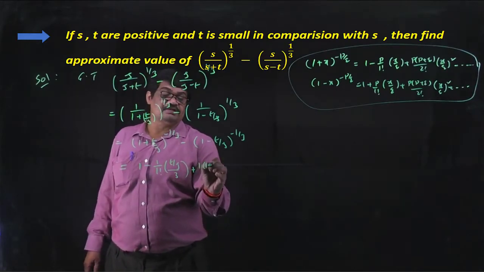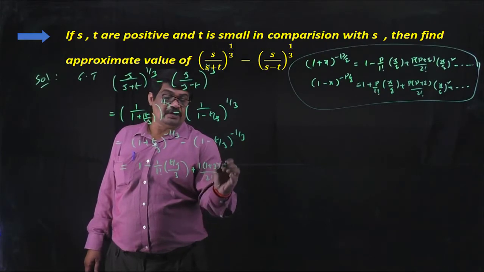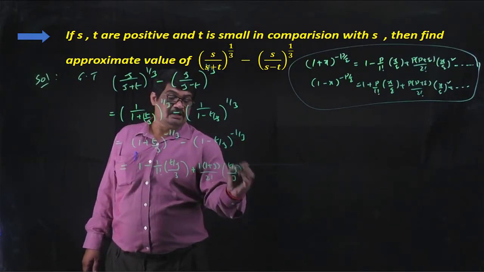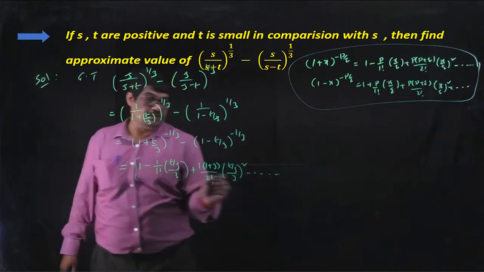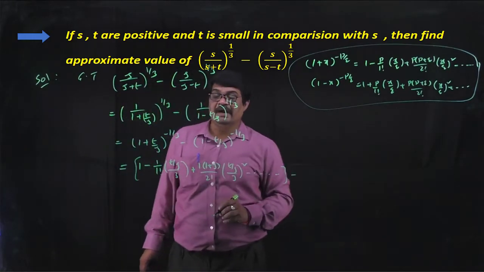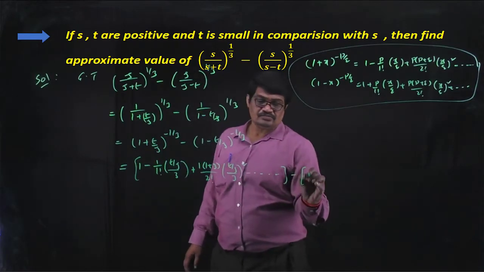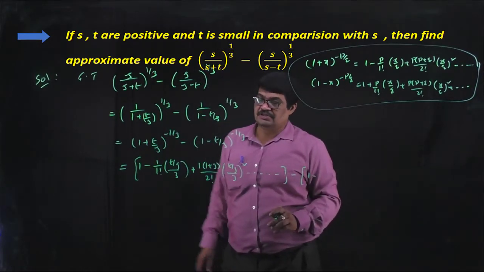P plus q, that is 1 plus 3 by 2 factorial into (t by s by 3) whole square, plus minus. Alternatively, we are getting here minus t, and what is the term here?